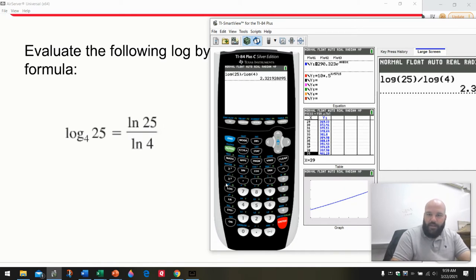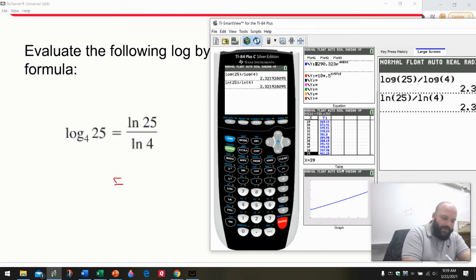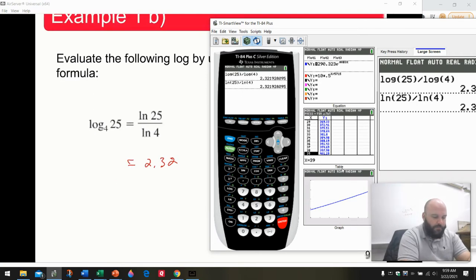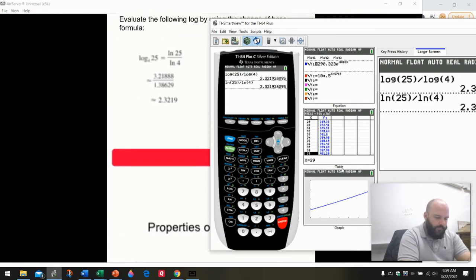So if I would, in my calculator, type natural log of 25, close out your parentheses, hit divided by, and then another natural log of 4, just like that, hit enter, you can see we get the exact same answer, which is 2.32. So it doesn't matter which log button we use.